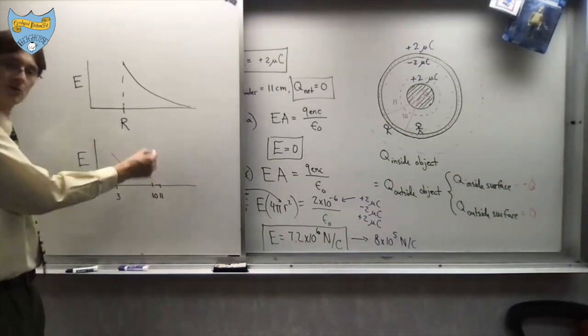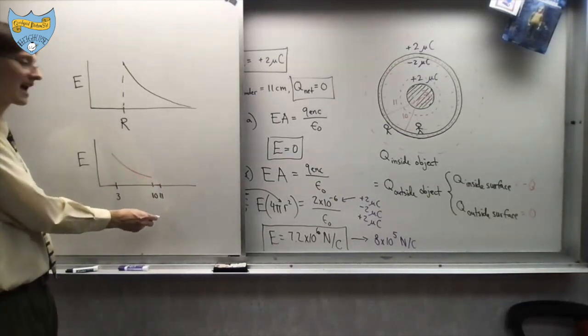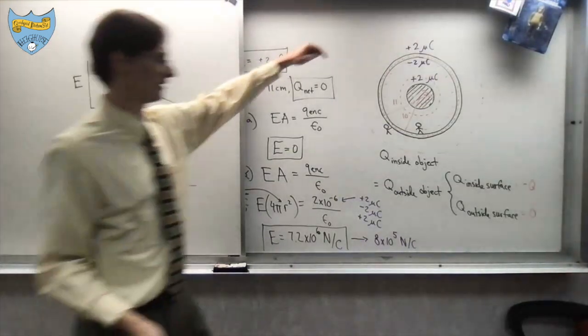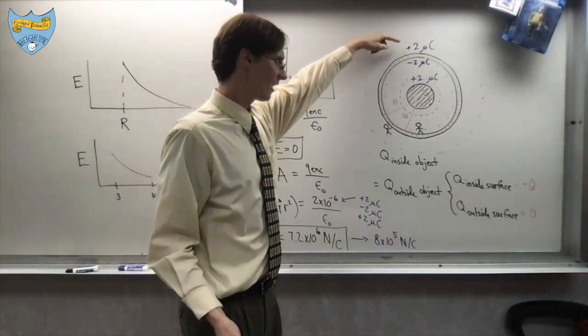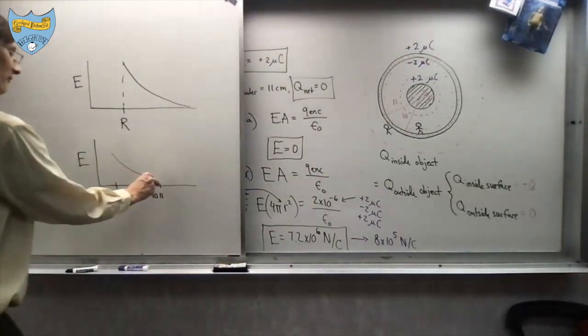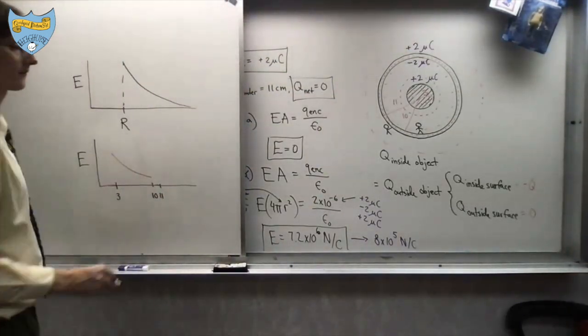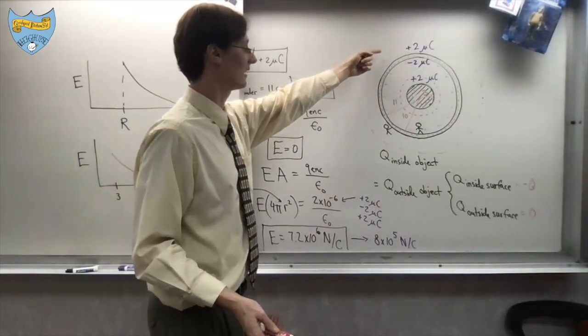How high up you jump and whether you honestly go up or even potentially below the axis depends on what kind of charge is on this outside surface. If it were a very large amount of charge, my graph might jump way up. All right, in this case, it's 2 microcoulombs.